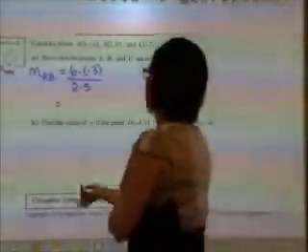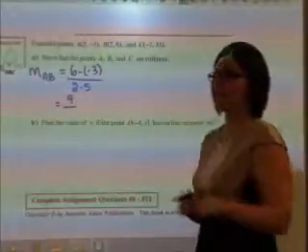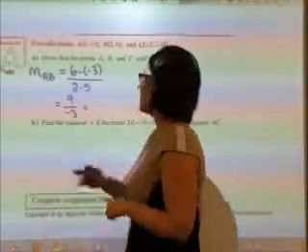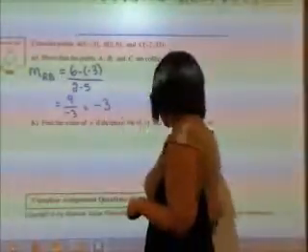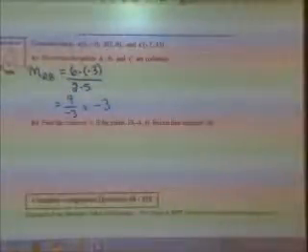Okay. What is 6 minus -3? 9. And what is 2 minus 5? -3. And 9 divided by -3 would be -3. Okay?